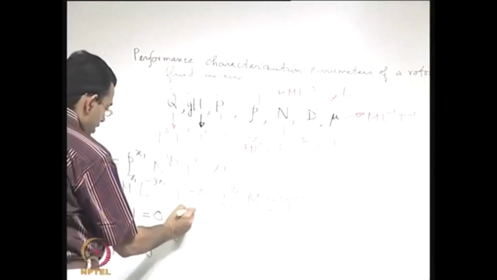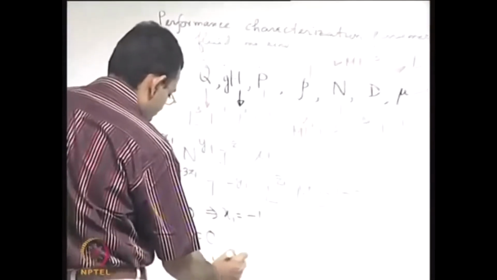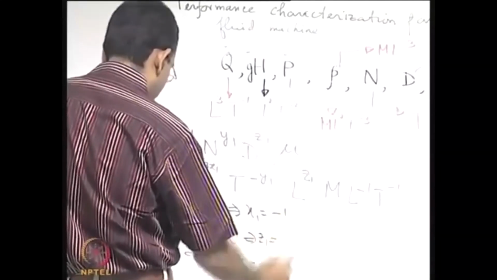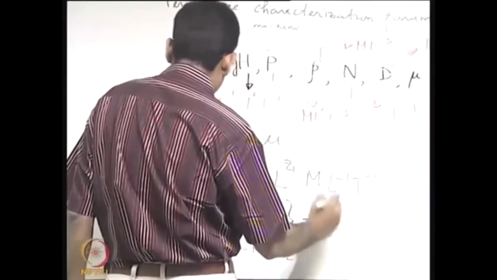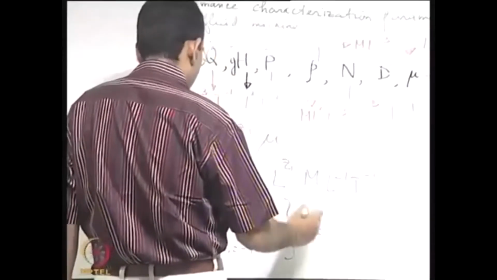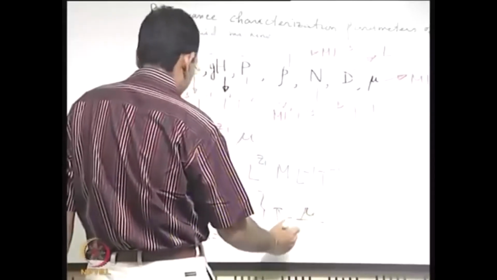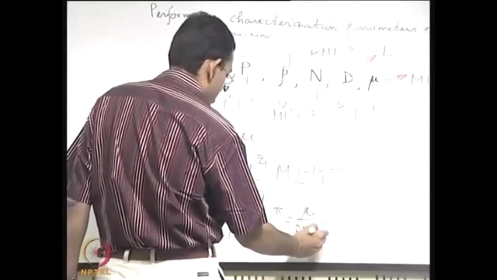So from here you will get x1 is equal to minus 1, y1 equal to minus 1, and what is z1? z1 is minus 2. So what is pi 1? mu by rho n d square, right.